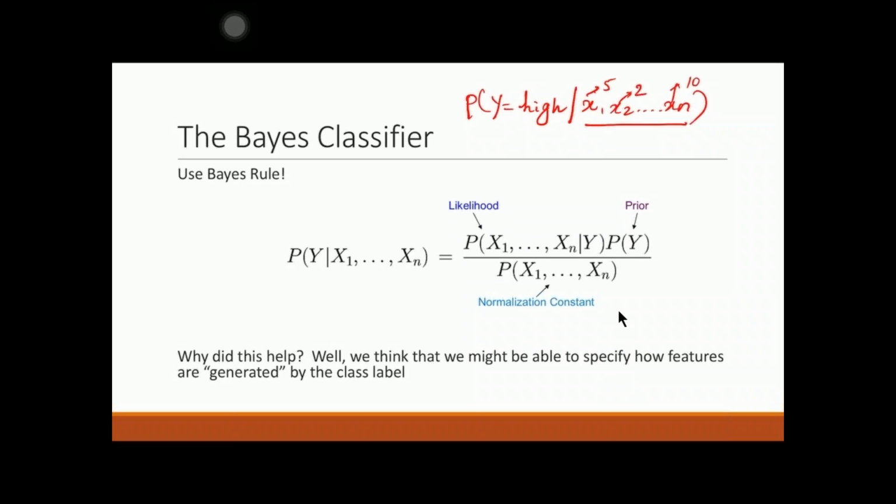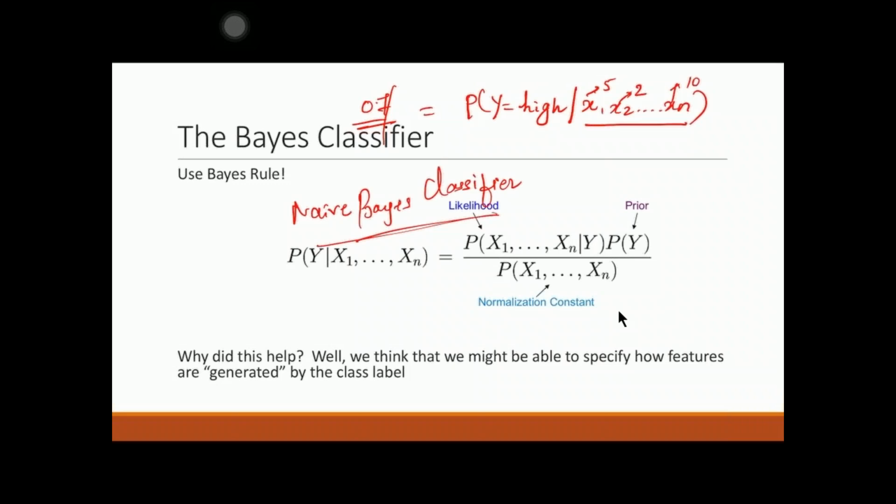Given that these values are there, what is the probability of y to be high? This probability can be, let's say, 0.7 or anything. So we are always dealing with probabilities. Now naive Bayes is always a classifier. This is very important. Naive Bayes cannot be used for a regression problem because it is dealing with probabilities.